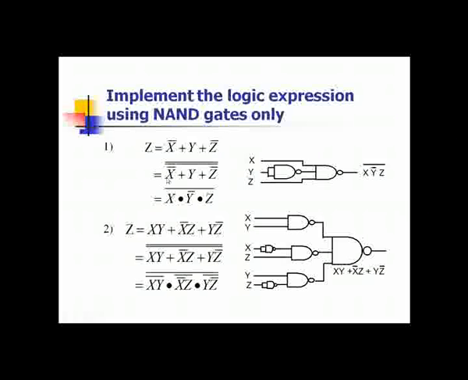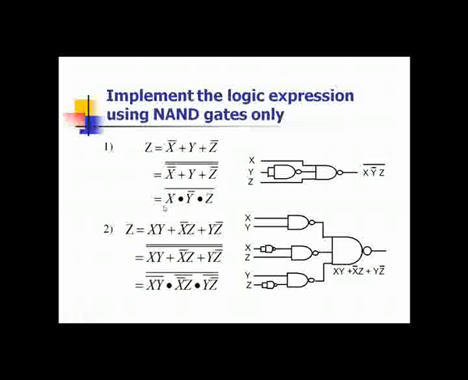Before going into the implementation, we have to simplify the given expression by applying De Morgan's law, which is nothing but the complementation of the given function. So this given function is complemented, and the resultant is x dot y bar dot z whole complement.